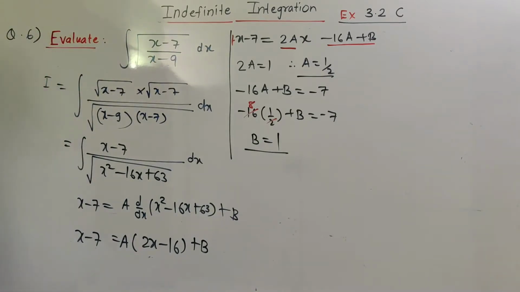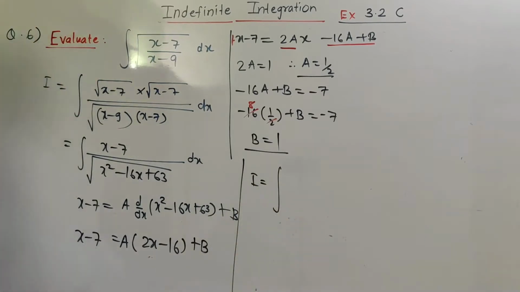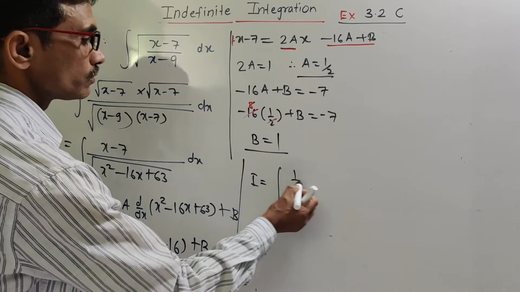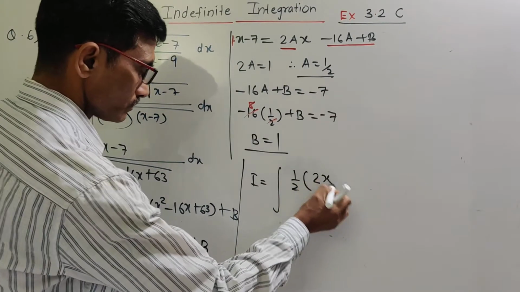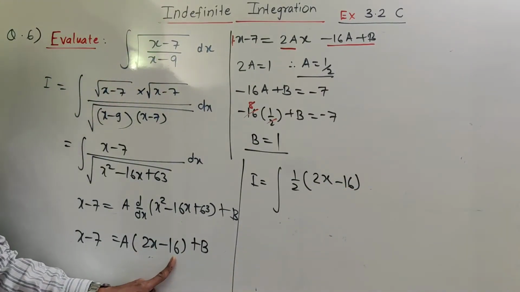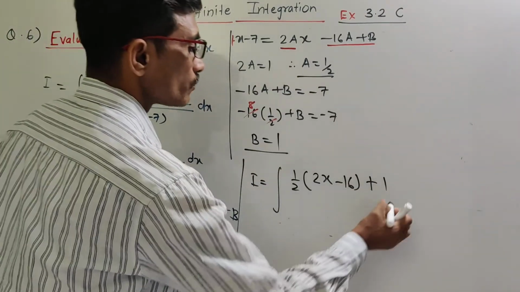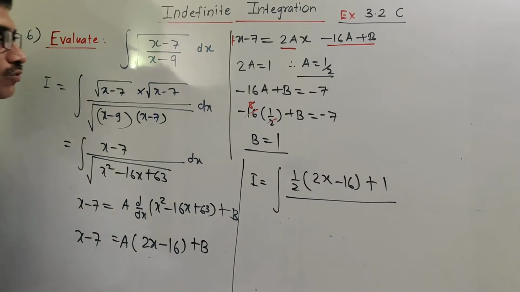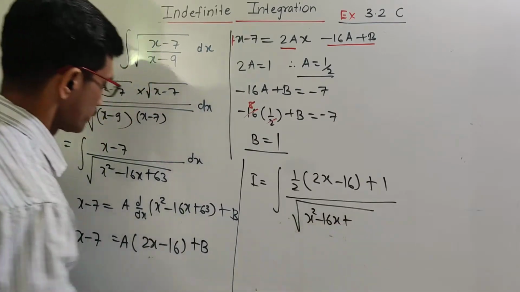Then the integral I will be equal to a into 2x minus 16, that is 1 by 2 into 2x minus 16, plus b, that is 1, upon root of x square minus 16x plus 63.